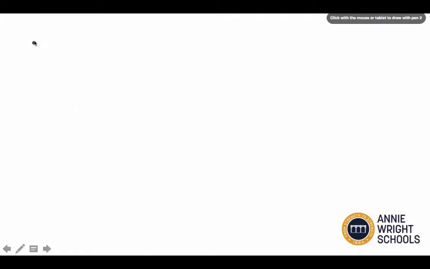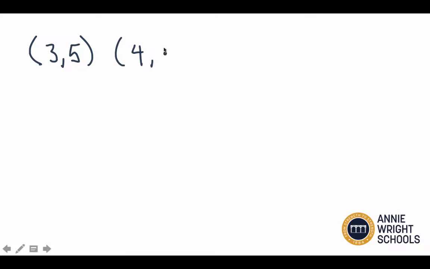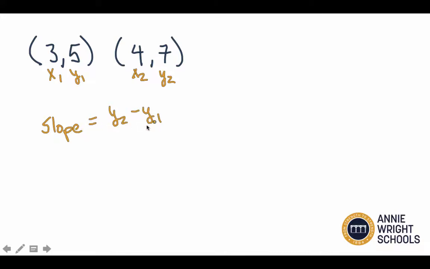An example would be find the slope between the point 3, 5 and the point 4, 7. Again, I don't care how you label it, how you do it, as long as you show the work clearly. If you call this x1, y1, and this is x2, y2, the formula for slope is to take one y-coordinate, y2 minus y1, over the x-coordinate, x2 minus x1.